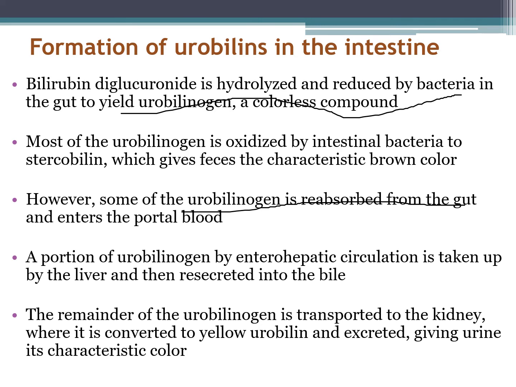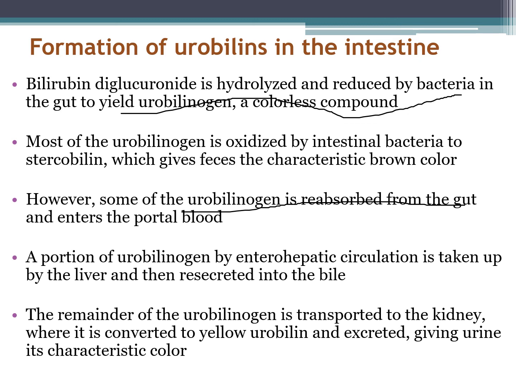So what can we say about urobilinogen? It's a colorless compound and it has three fates. First, it may get oxidized by the intestinal bacteria to stercobilin, and this gives the brown color in the feces. Second, it might go again into the liver via the enterohepatic circulation and be reused.